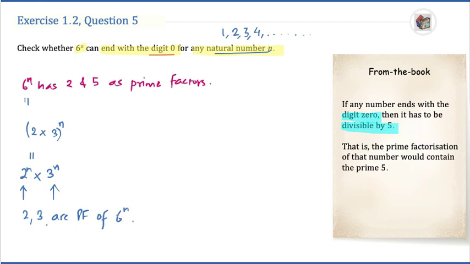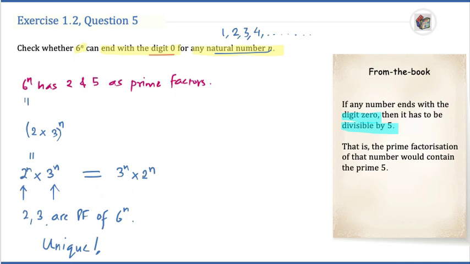Now, according to the fundamental theorem of arithmetic, the prime factorization of a number is unique except for the order in which these prime factors occur. That means it's only about what is written first and what is written later. So I can write this as 3 to the power n times 2 to the power n, and that would still mean the same thing.